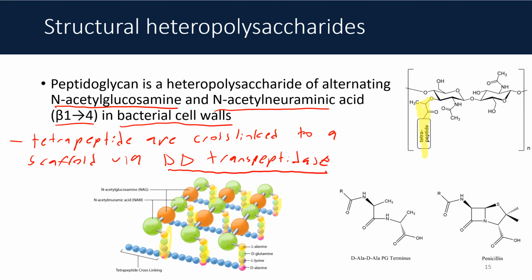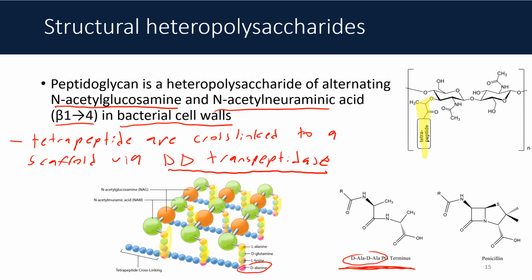This is one of those rare and freaky instances where biology is going to use D amino acids, and D-alanine is going to be part of the substrates where DD transpeptidase staples the tetrapeptide to the scaffold region. And this is the bond that we're trying to form, basically.